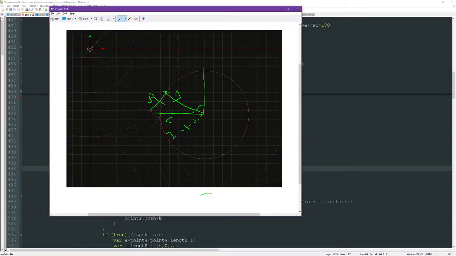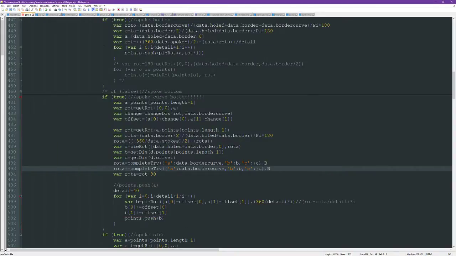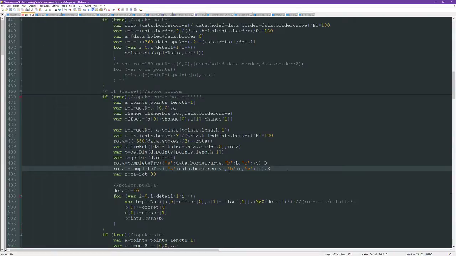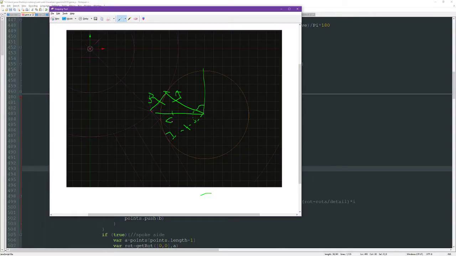So this is an angle side. Side angle. CPB. So I guess I could say a C. Oh, that would be a B. B. Wait, what was it?